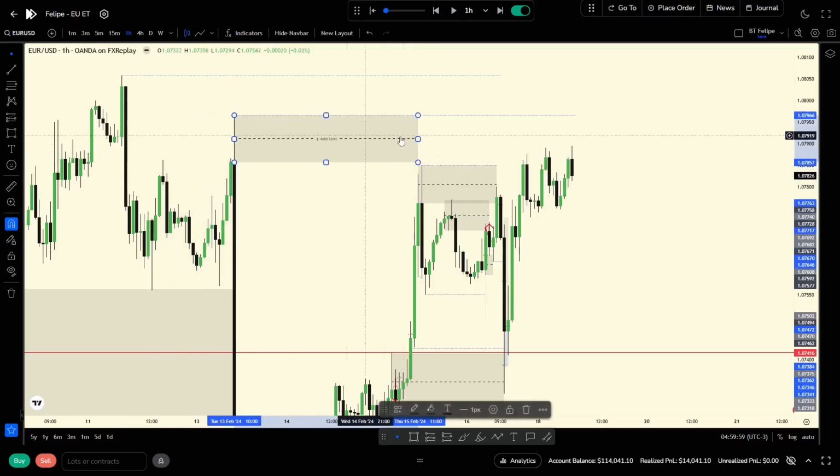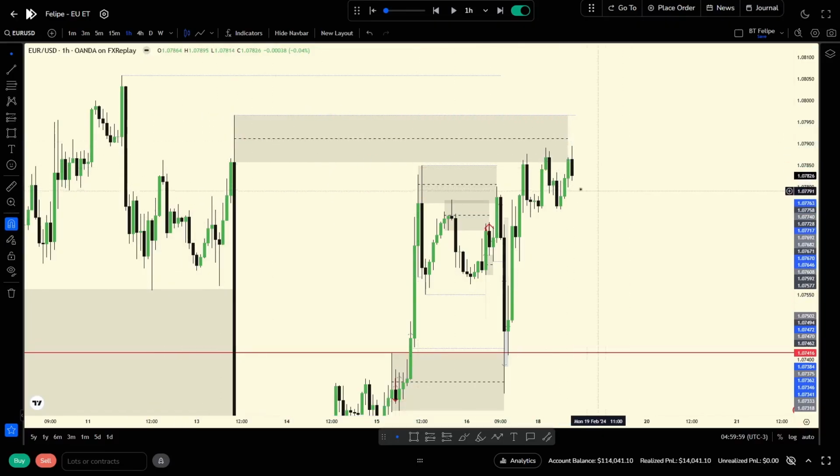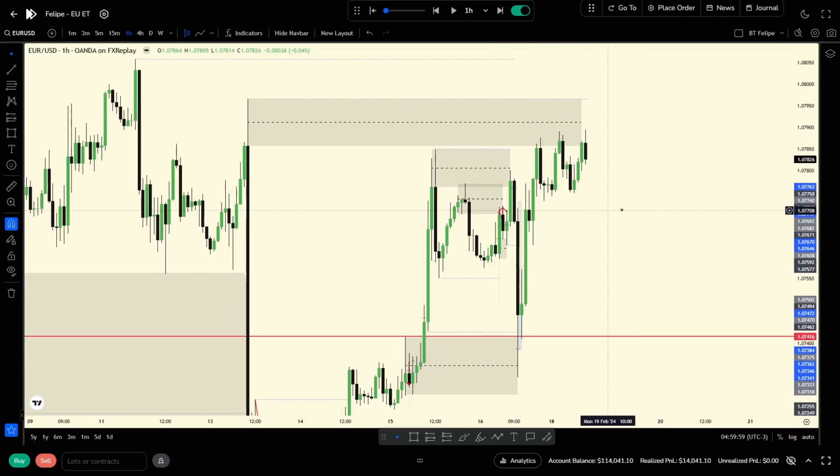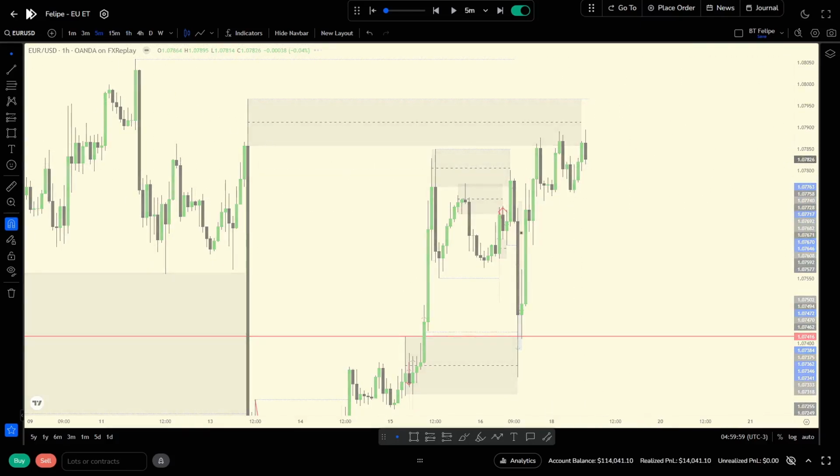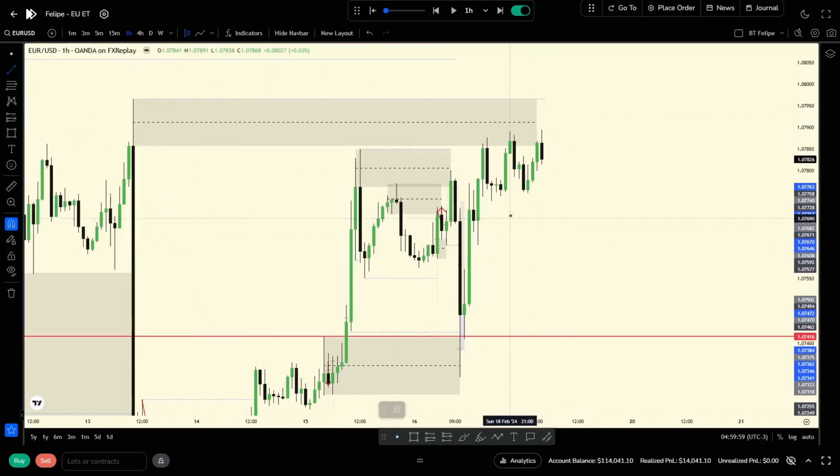Now tapping here. This can hold price, just like this one did, give a reaction. This can also do the same thing. Let me mark this and this.